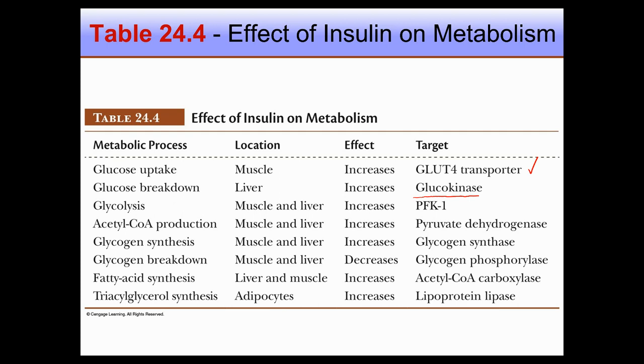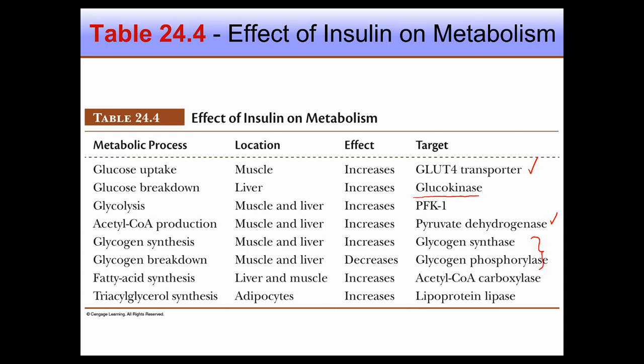In the muscle and liver, it will increase acetyl-CoA production, the pyruvate dehydrogenase. Okay. Oh, one other thing, it's going to produce glycogen synthesis. So this is interesting because these were the two processes that we looked at with epinephrine.